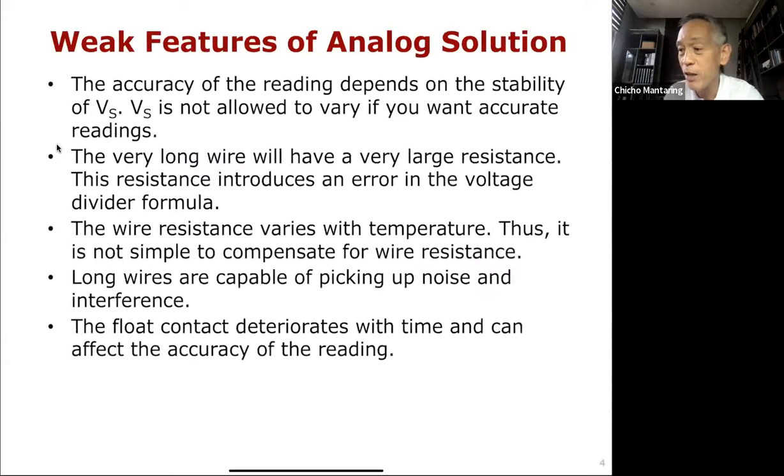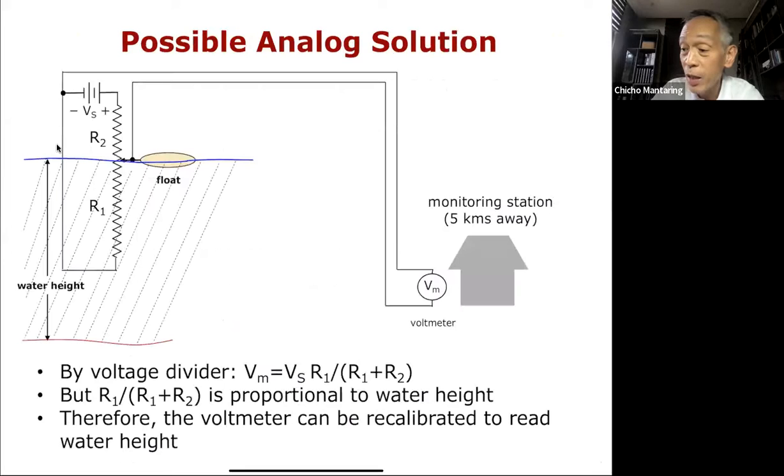I outlined them here. First, the accuracy of the reading depends on the stability of the voltage source. Sabihin natin battery yan. If that's a battery, then the battery voltage will degrade over time. So habang naluluma yung baterya, bumababa yung reading ng voltmeter.